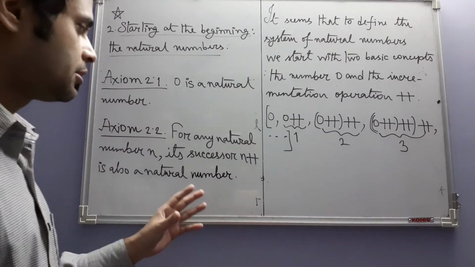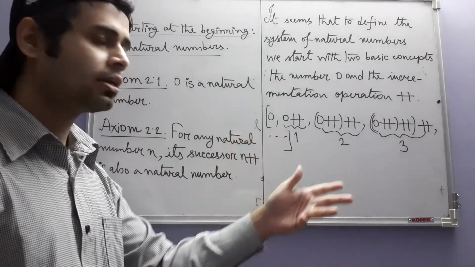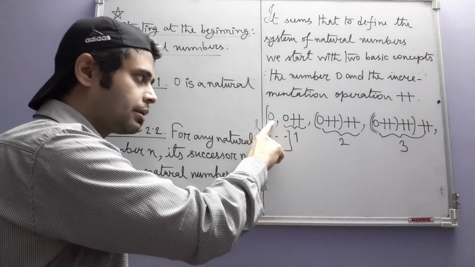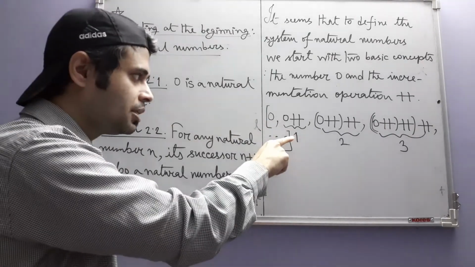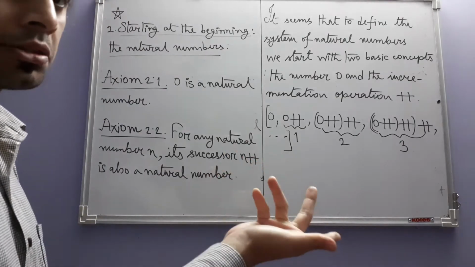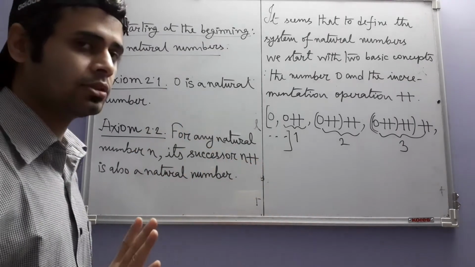So it seems that we have captured everything that we need. 0 has become a natural number, and whenever something is a natural number, then the next one, the successor, is also a natural number. These are the assumptions.